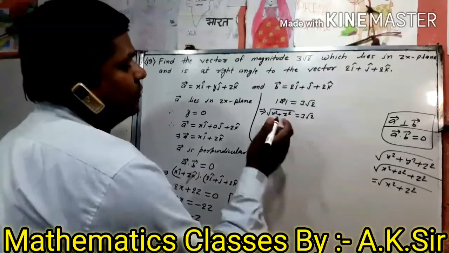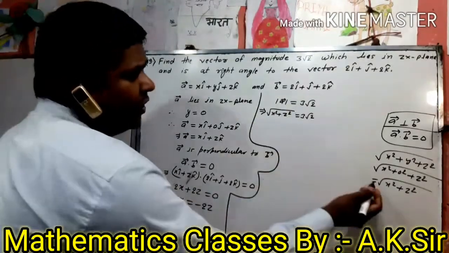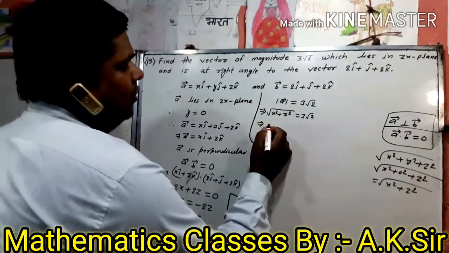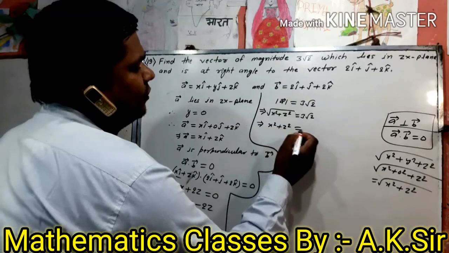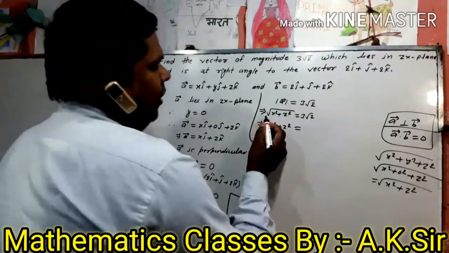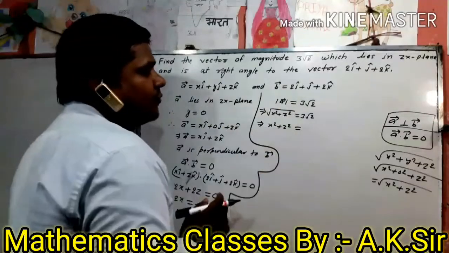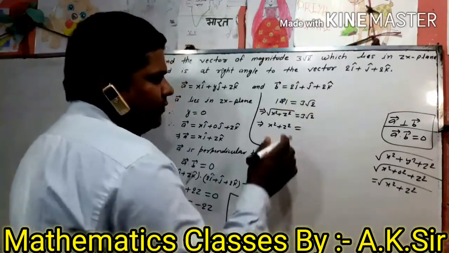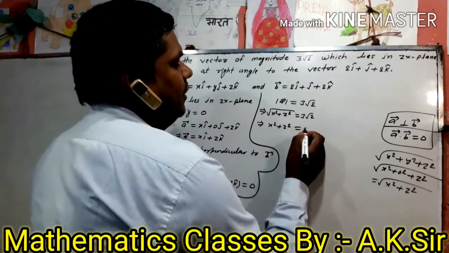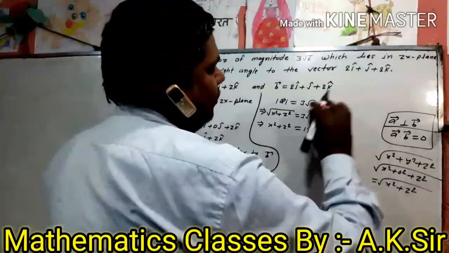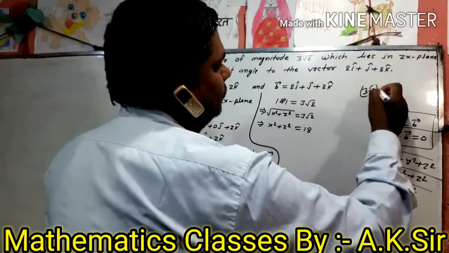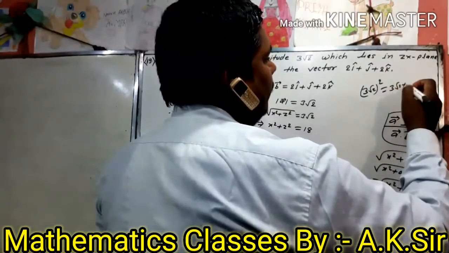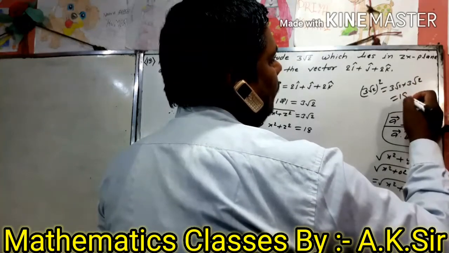This implies x square plus z square is equal to, the under root goes to the right side and becomes a square term, so we write 18. The square of 3 under root 2 is 3 under root 2 to the power 2, that is 3 under root 2 multiplied by 3 under root 2, which is equal to 18.